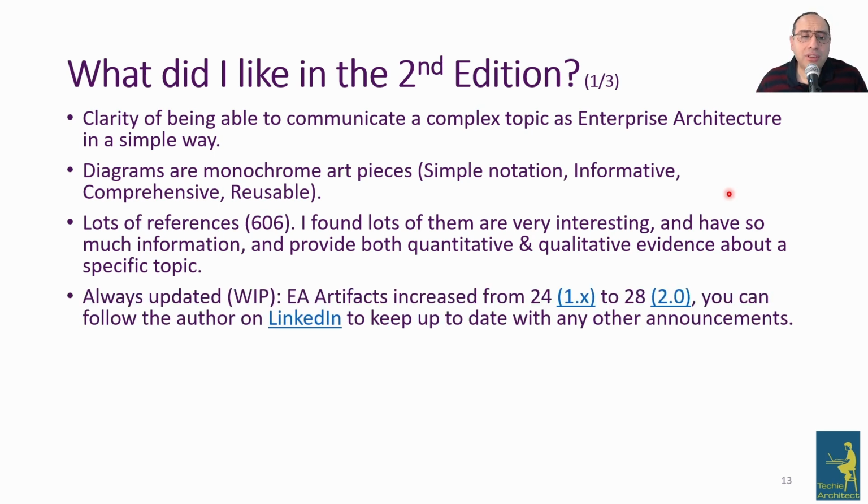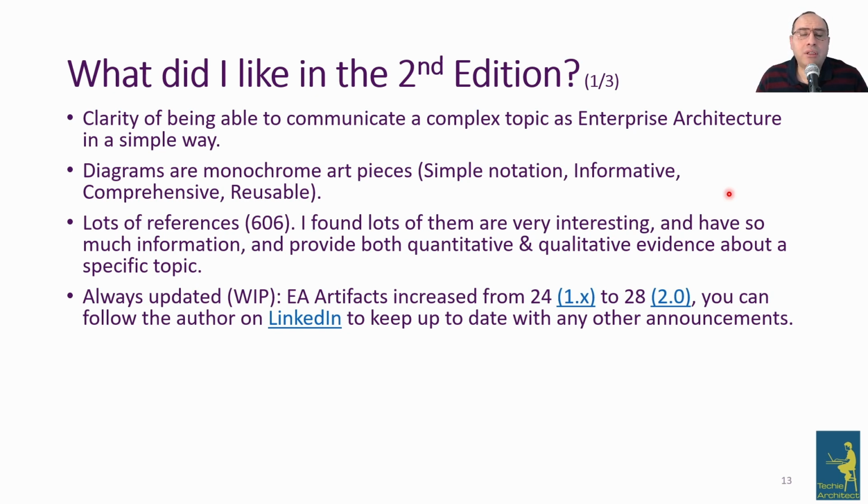And what I really like about the author is that he is always updating, and it is actually a work in progress. The EA artifacts have increased. In this book's version 1.x, or actually 1.4, there were 24 types of artifacts, and they increased to 28 types when he published Enterprise Architecture on a Page version 2.